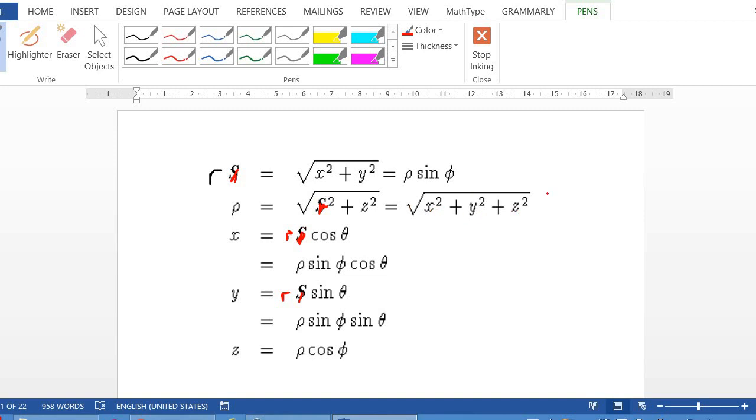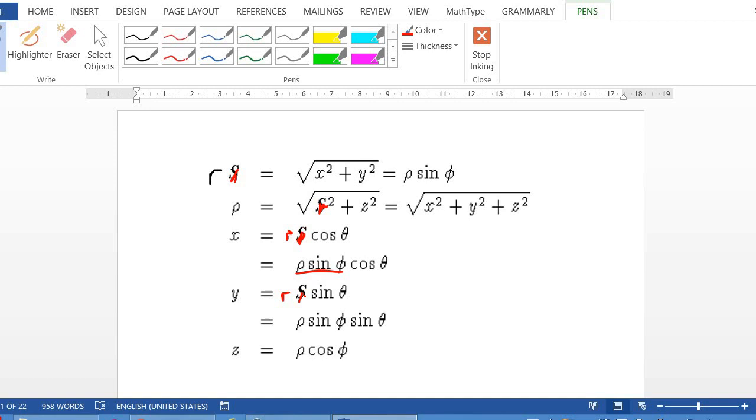Rho is the radius of a sphere. And from polar coordinates, as you know, x is r cos theta, and r is rho sin phi. Substituting r equal to rho sin phi, x in spherical coordinates becomes rho sin phi cos theta.